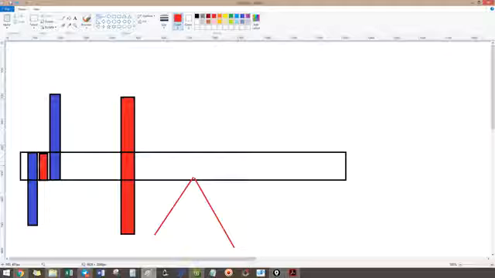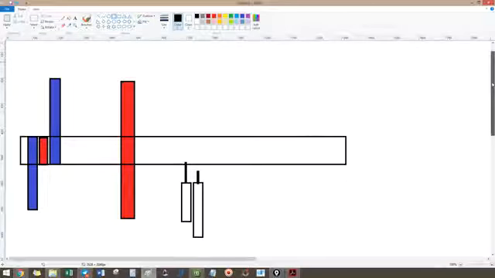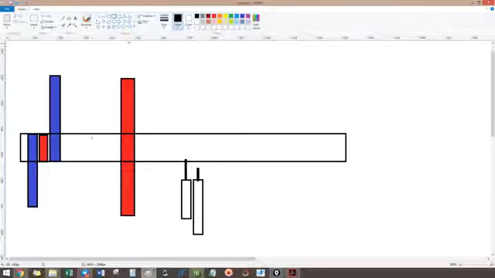Okay, so you need to mark this zone. If you're using RBS, for example, like this. If at RBS or SBR, you will look something like this.